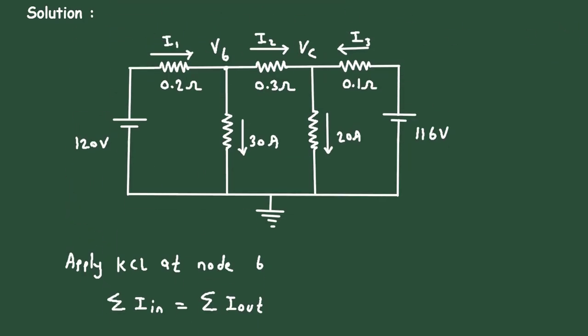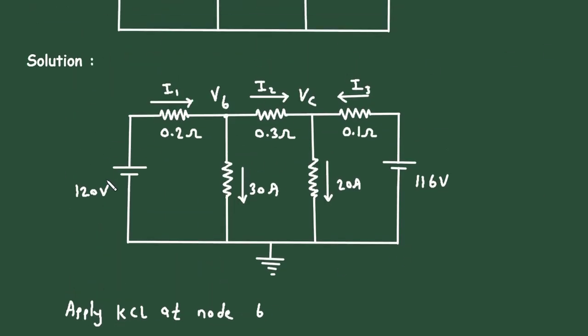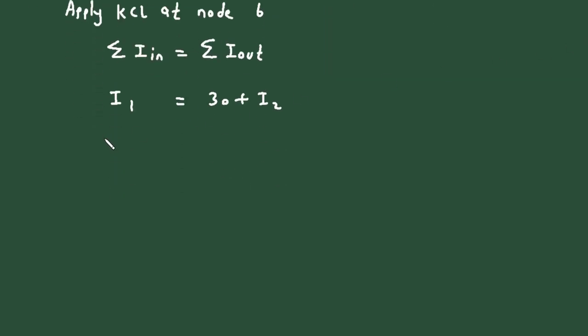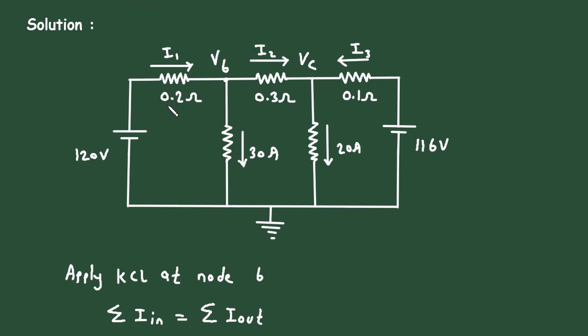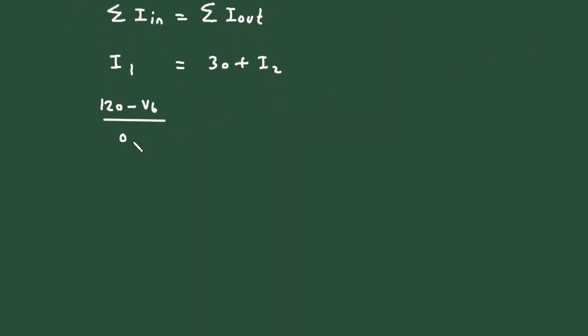The entering current is I1. Here this is I1, not I2. Now we will write this I1 in voltage form. So it will be 120 minus VB divided by 0.2 ohm, is equal to 30 plus I2.